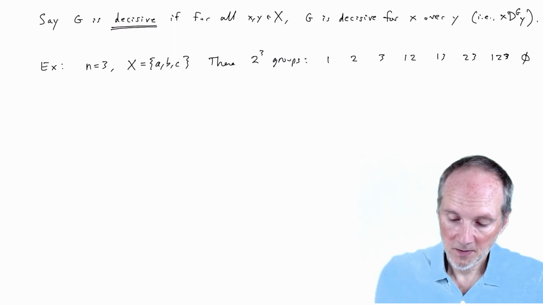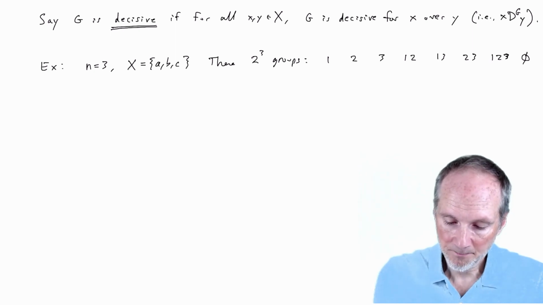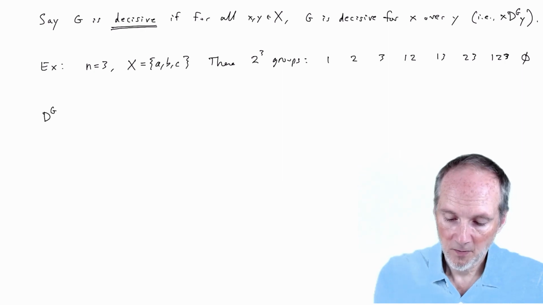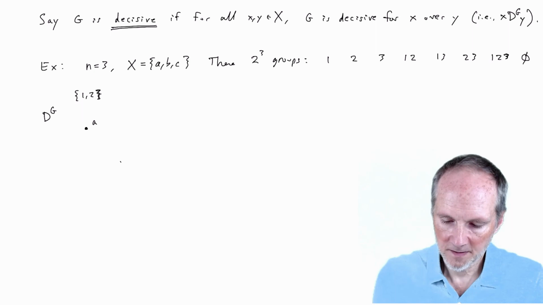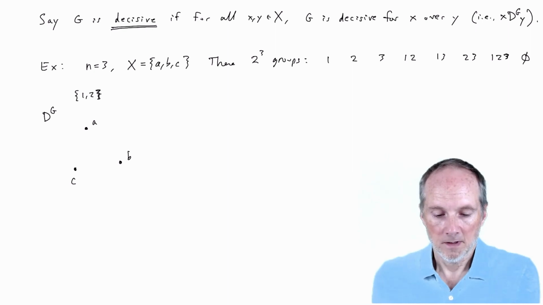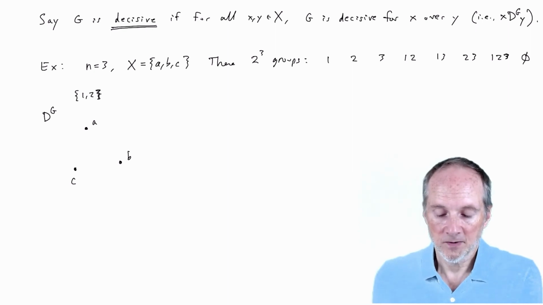Let's first take the decisiveness relation for the group consisting of 1 and 2, and this relation we can graph. Like we said, if a group has more than half of the individuals, then it's going to be decisive for any alternative over any other.